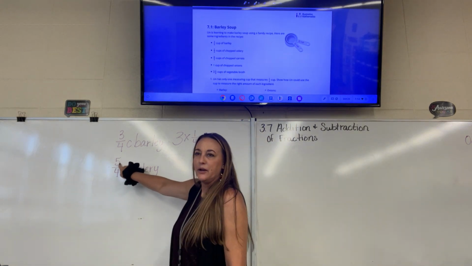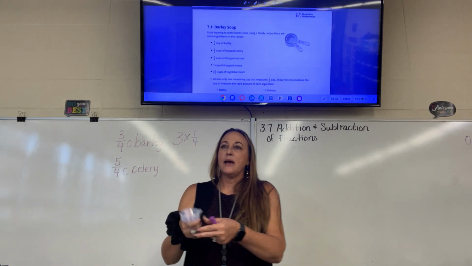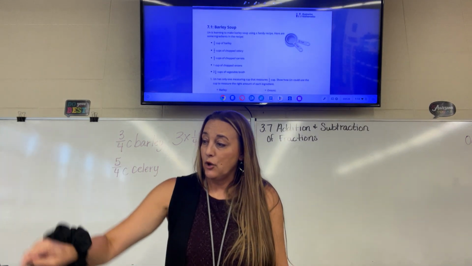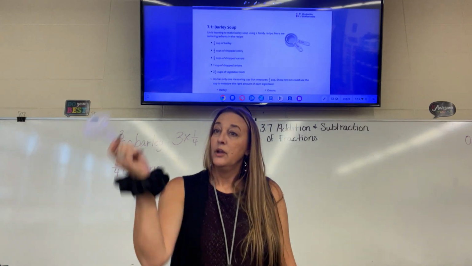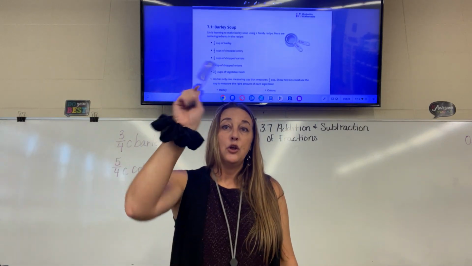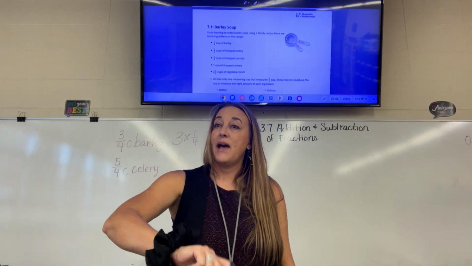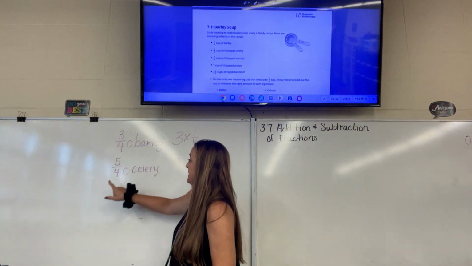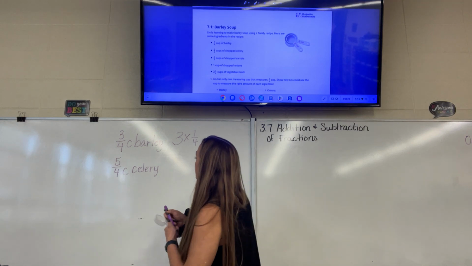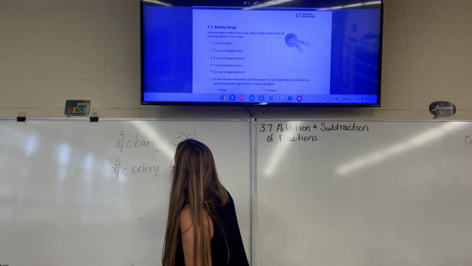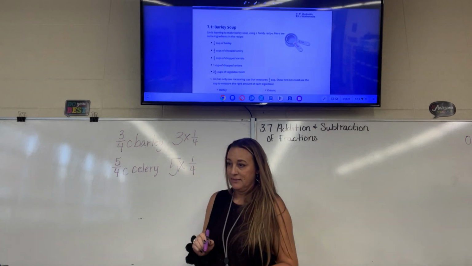It tells you right here, the numerator. Because, watch, this is a 1/4. So I'm going to go 1/4, 2/4, 3/4, 4/4, 5/4. 5 times. Does that make sense? So I'm going to have to use my 1/4 scooper 5 times. Okay?